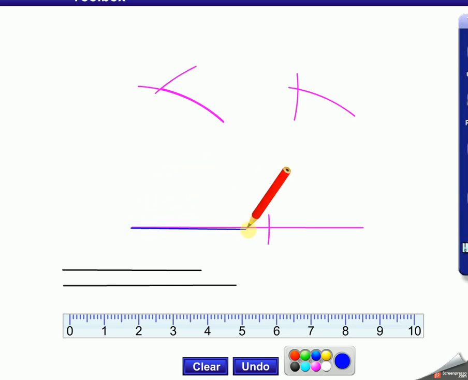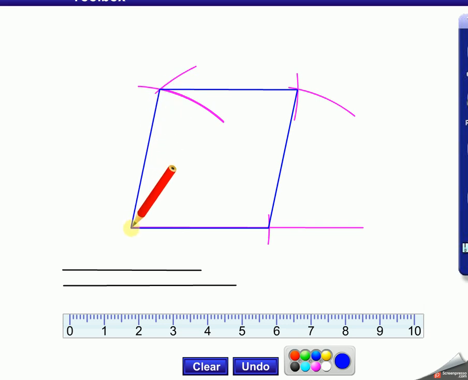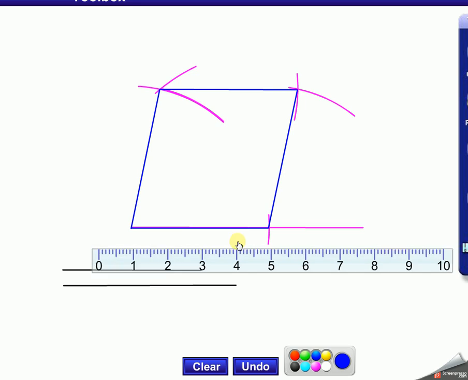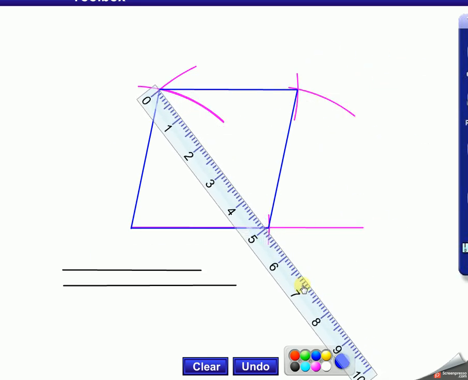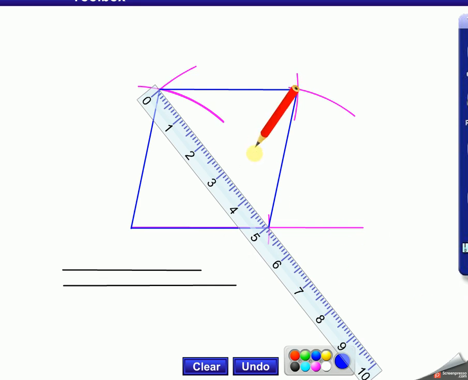So from that point to there is 8. From that point to there is 8. That point there to there is 8. That point from there to there is 8. And this diagonal should be my 10, which in my case will be a 5. I'm pretty certain that's going to be the case because I used the compasses to set it. So that is how I can complete that construction.